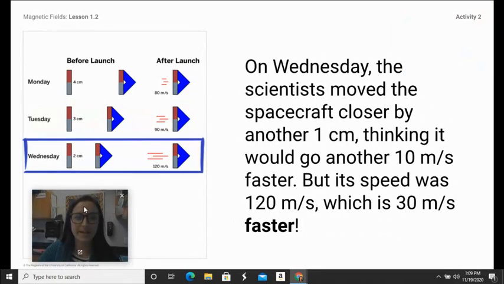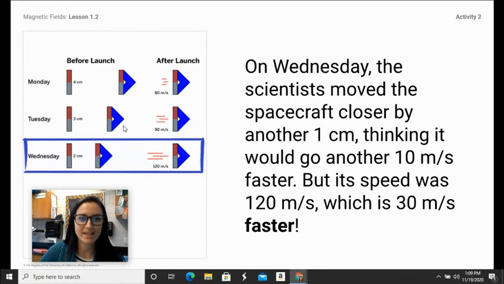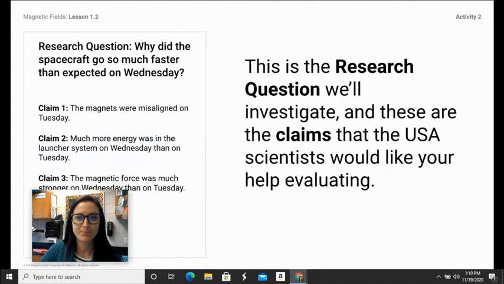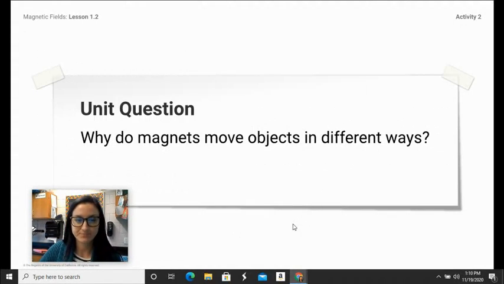Then on Wednesday, they moved another centimeter closer, and they thought that would increase it by another 10 since that's what happened between Monday and Tuesday. But it actually made it move 30 meters per second faster. So then the speed was 120 meters per second. That's too fast. And so we are going to do some research and figure out what is going on with that and why the spacecraft went so much faster than expected on Wednesday.